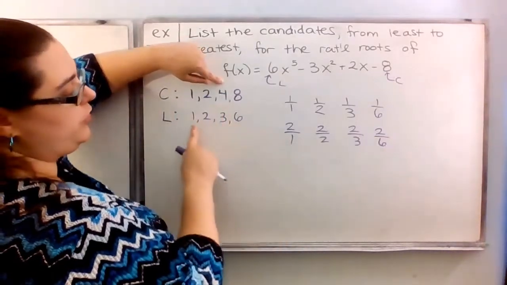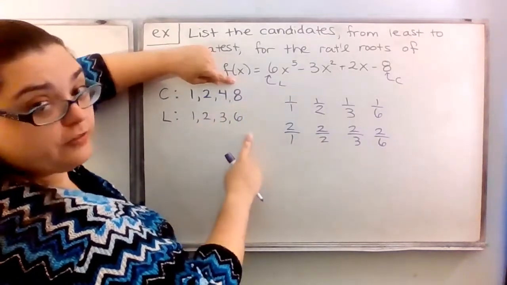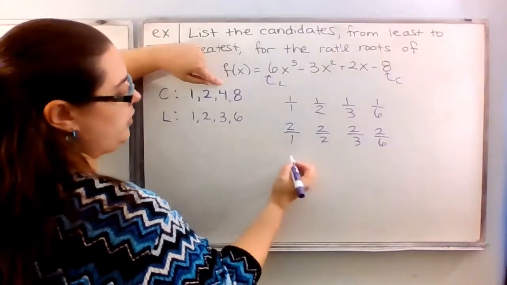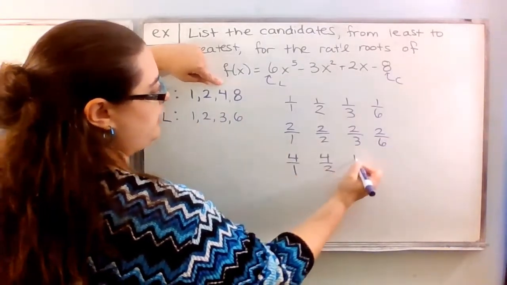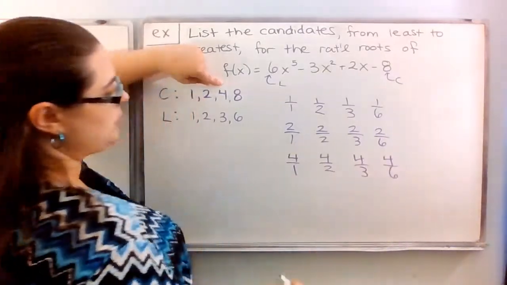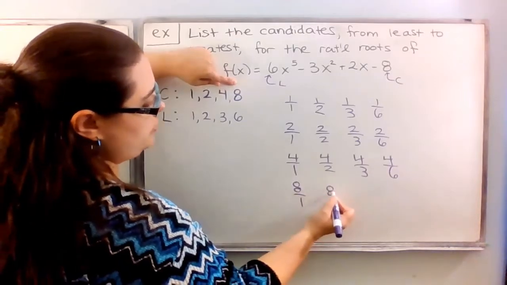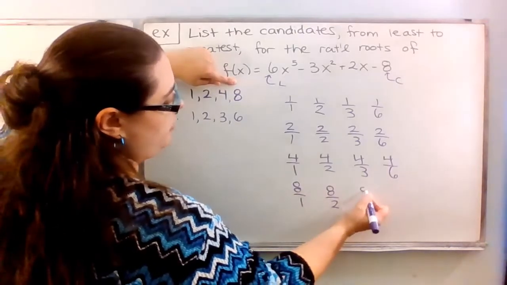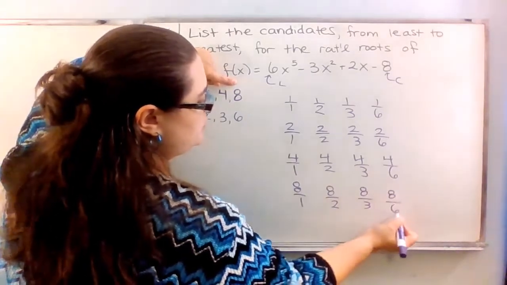So I'm going to do 4 over each of these, and then I'm going to finish by doing 8 over each of these. So 4 over 1, 4 over 2, 4 over 3, and 4 over 6. Then we have 8 over 1, 8 over 2, 8 over 3, and 8 over 6.